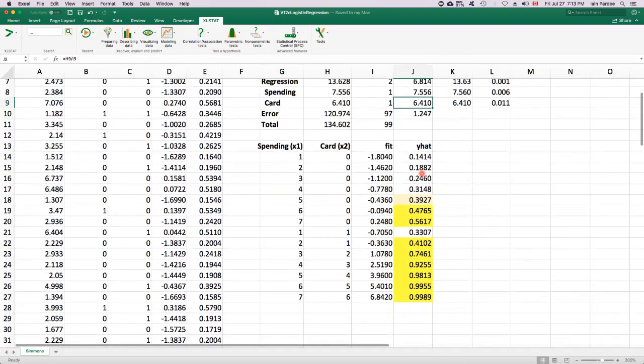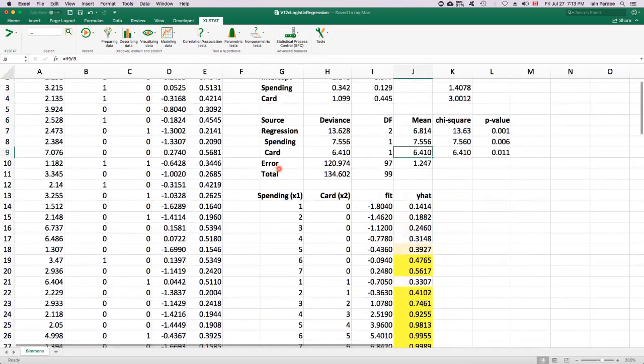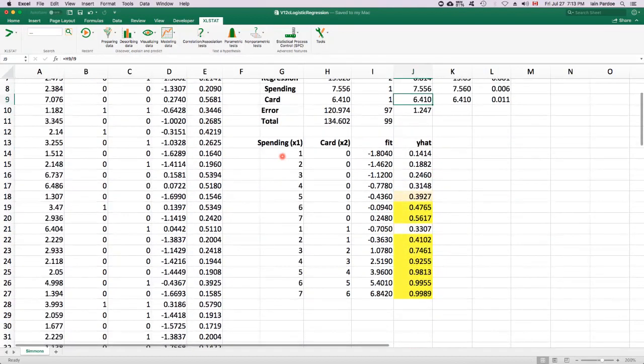Okay, the final thing I want to talk about is how might this particular analysis be used in practice. So what we can do is figure out the probabilities of using the coupon for different types of customer.